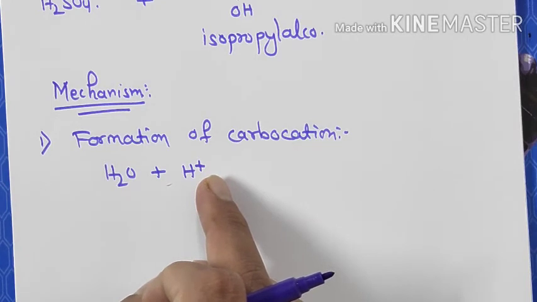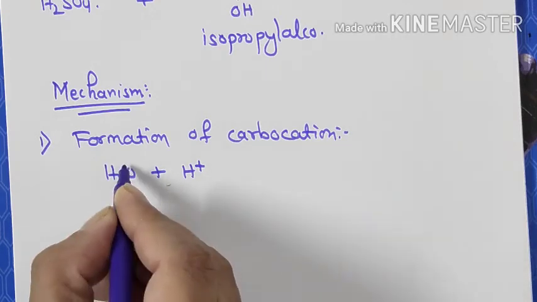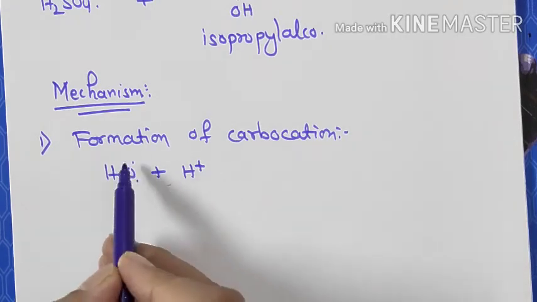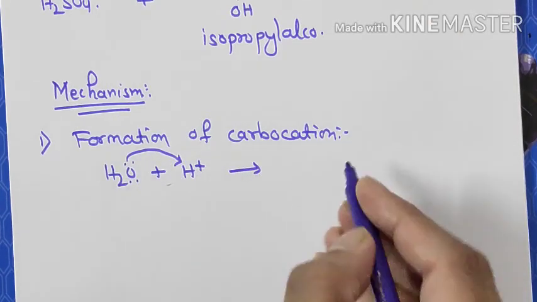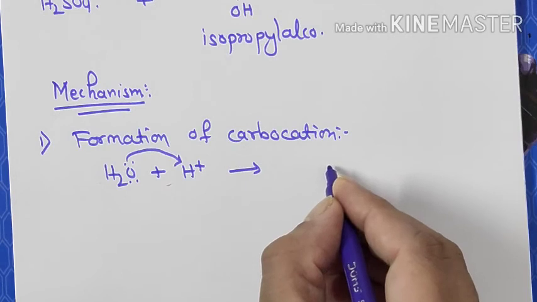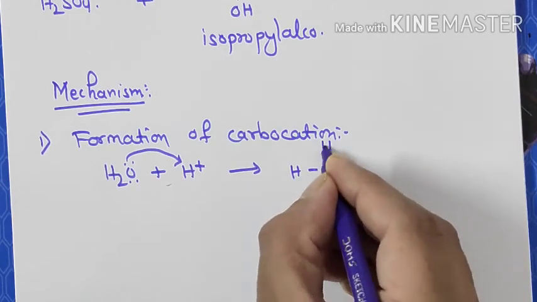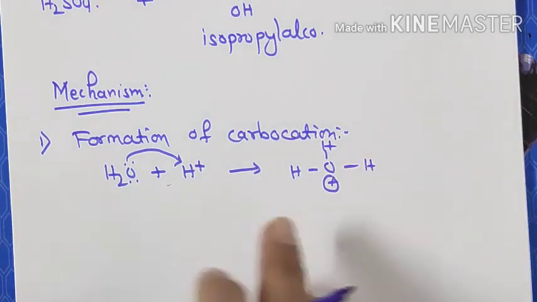They are proton donors. We understand oxygen is electron rich and this is electron poor, so oxygen is going to give its electrons to this hydrogen, resulting in the formation of hydronium ion. When I say hydronium ion, I draw the structure like this.